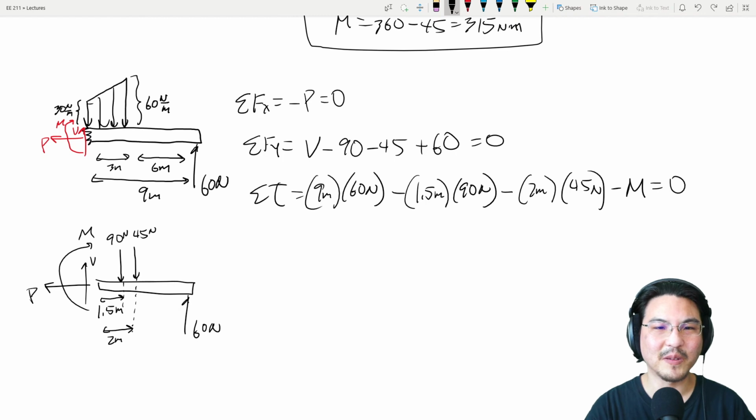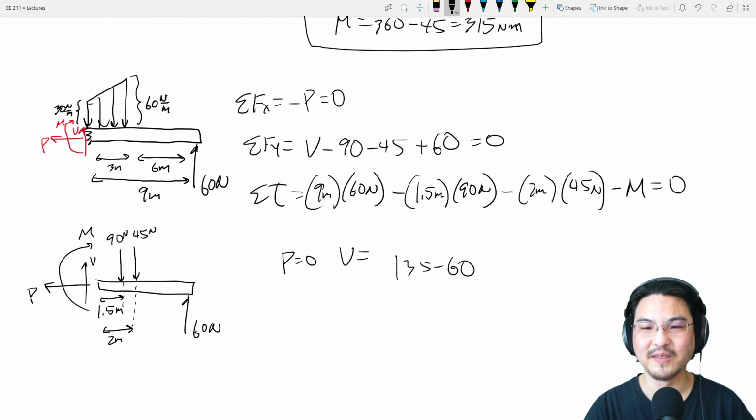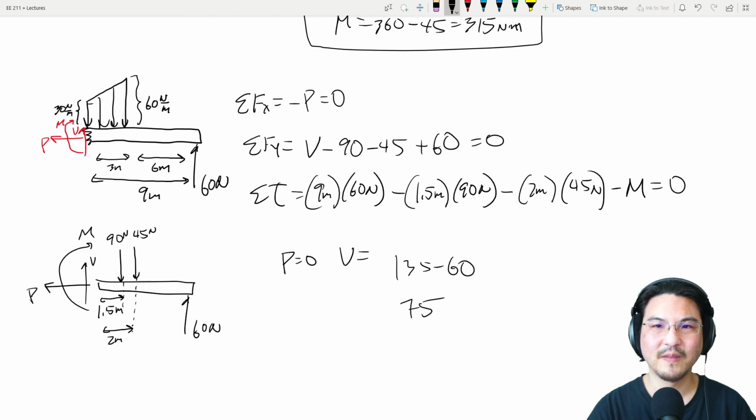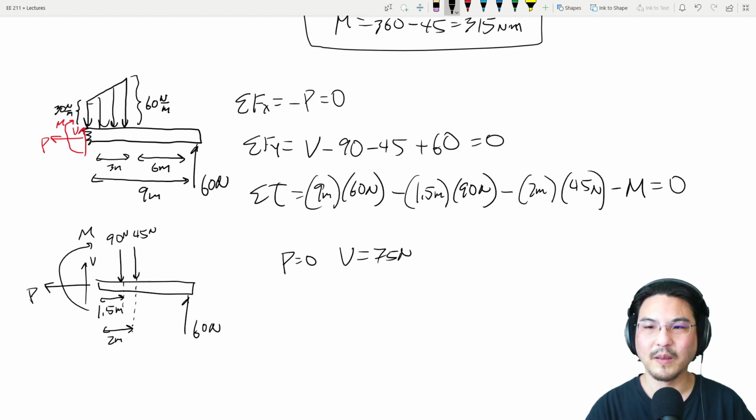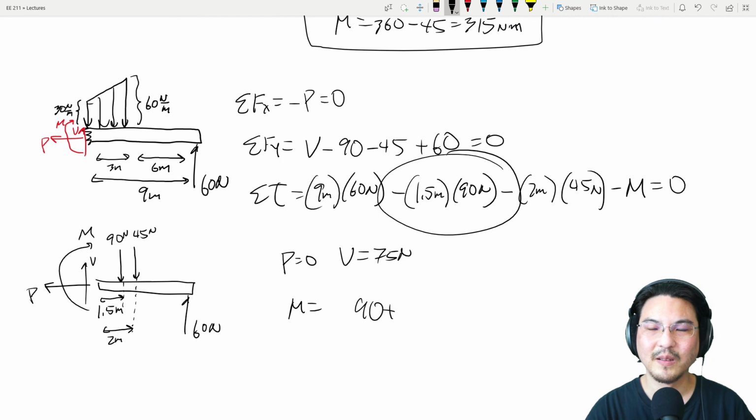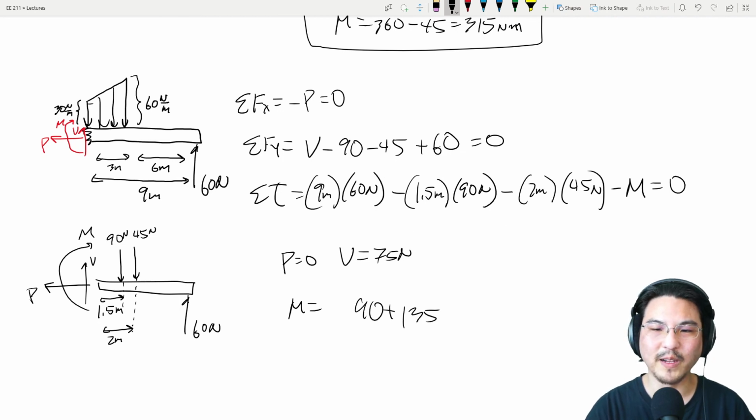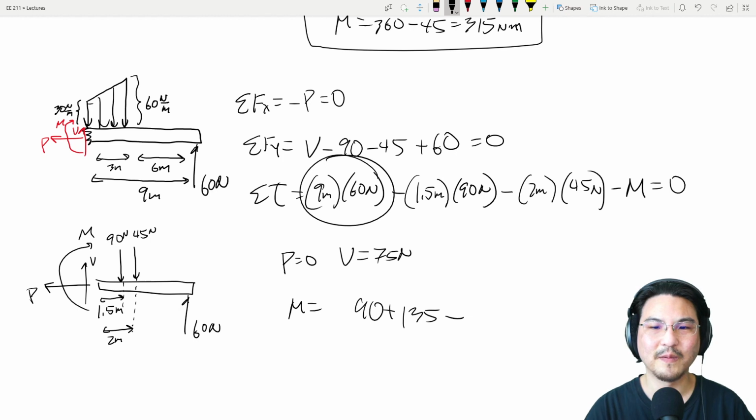All right, so P is 0. V is, let's see, 135 minus 60 is 75. Okay, and then M is, okay, so that's 90 plus 135 minus 540.